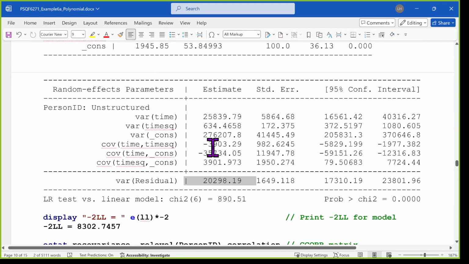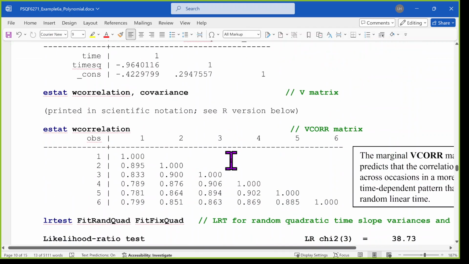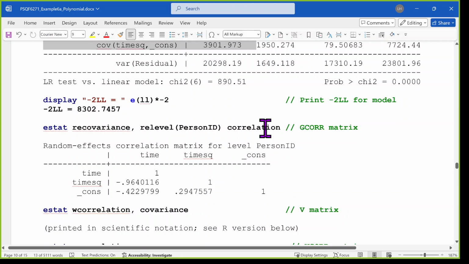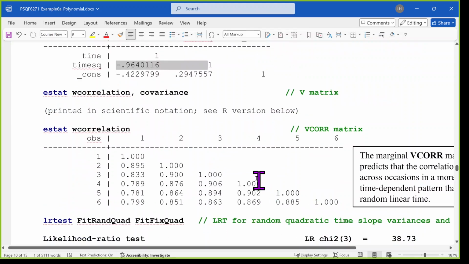These are covariances that are given directly in the output. I asked for correlations of my G matrix, so that's this piece of code right here, gives you the correlations among your random effects. So you'll note this one, time and time squared have a very strong negative correlation. That is to be expected since they are highly related variables.